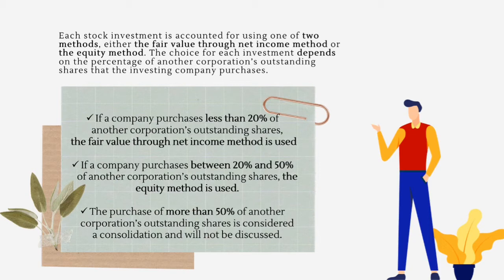Those on the right show the equity method, where the investor owns 25%, or more than 20%, of the outstanding shares. Explanations are included.